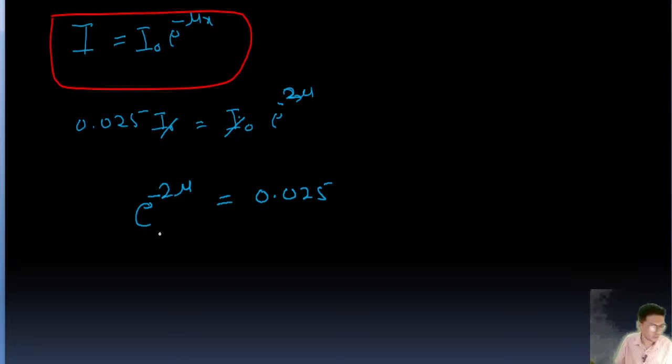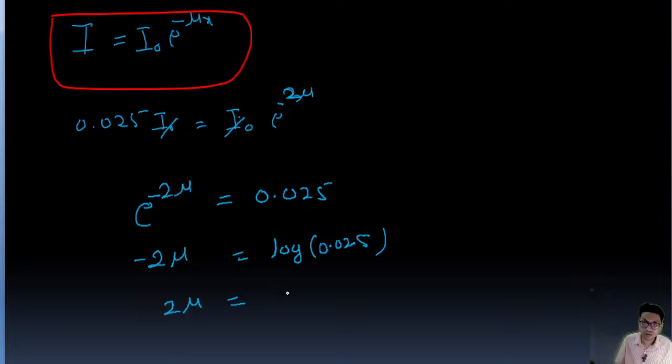Now we'll take log on both sides, so minus 2 mu equals log 0.025.